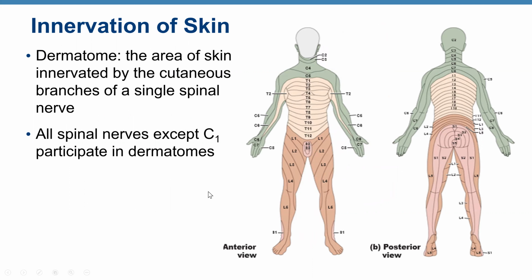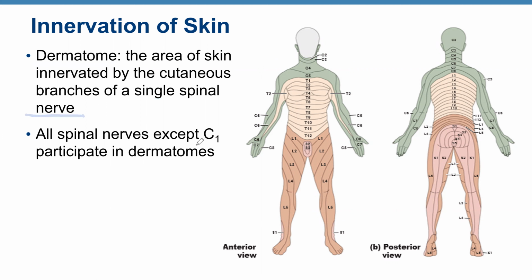A particular part of your skin, I would say, is innervated by one spinal nerve. So your skin is divided into areas called dermatomes. A dermatome is an area of skin innervated by cutaneous branches of a single spinal nerve.